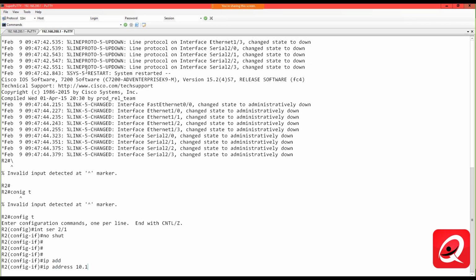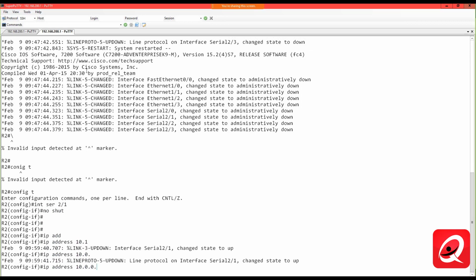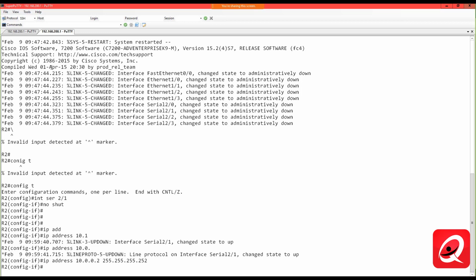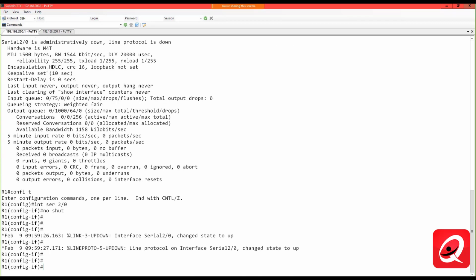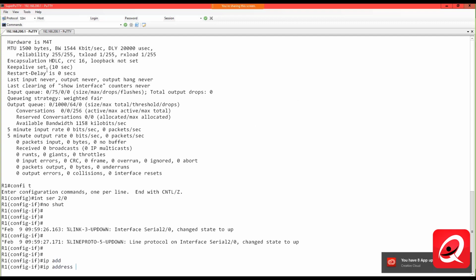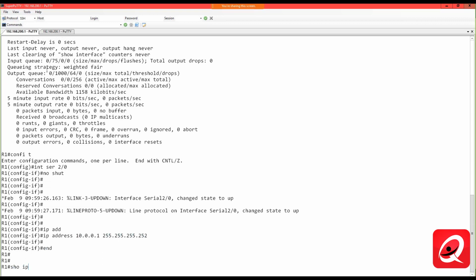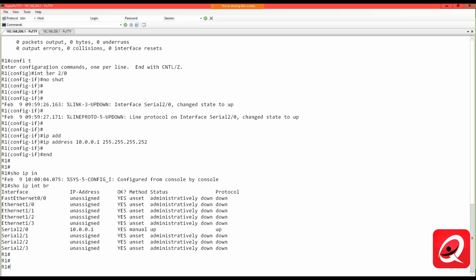I'm going to put an IP address of 10.0.0.2 on this side, and I will put an address of .1 on the other side. Now if I do a quick show ip interface brief, we can see the interface is up.